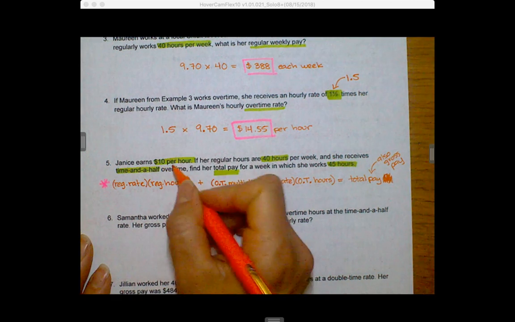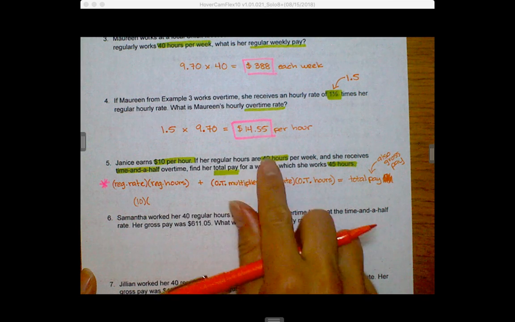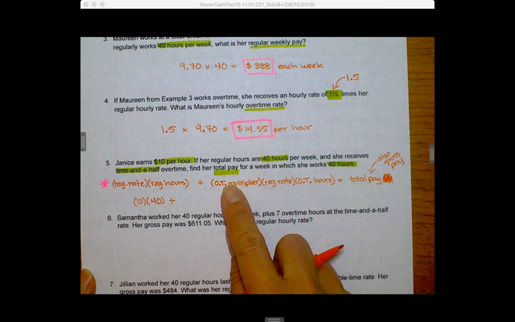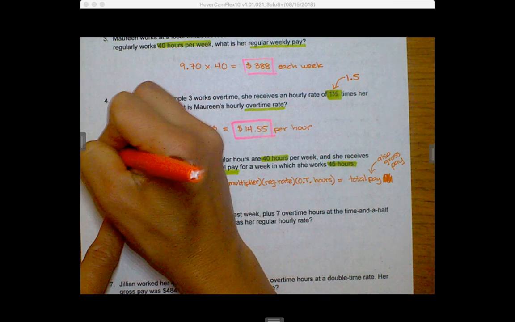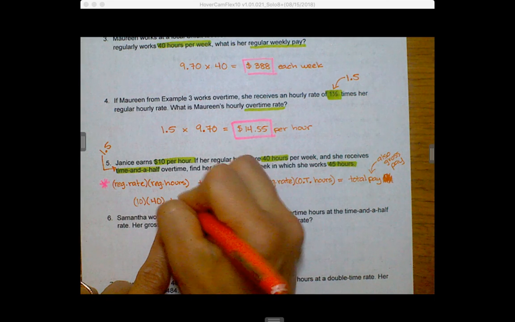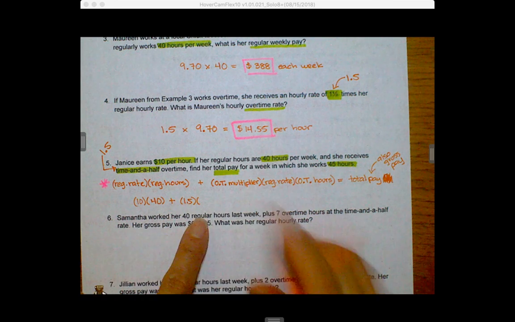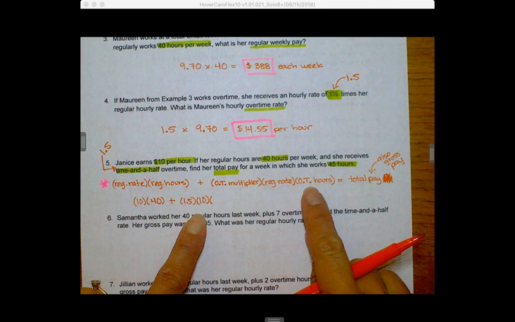So we're going to plug into this formula. Her regular rate is $10. Her regular hours are 40. Plus her overtime multiplier. In this problem, since it's time and a half, what do we use? 1.5. So we're going to do 1.5 times her regular rate, which is 10, times her overtime hours.